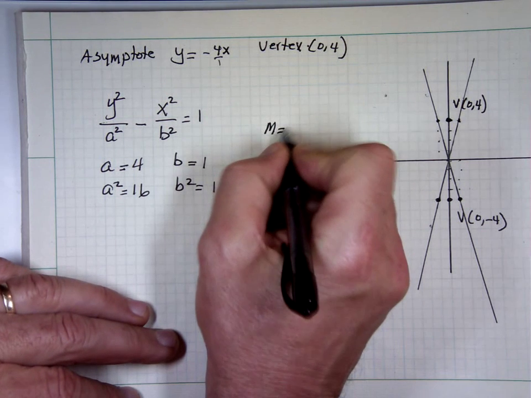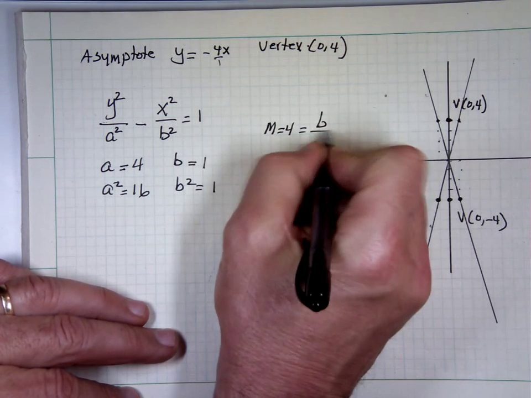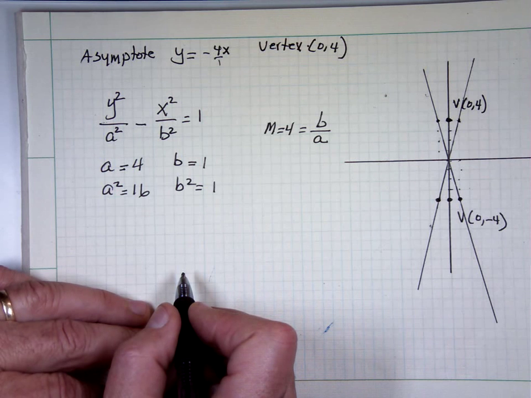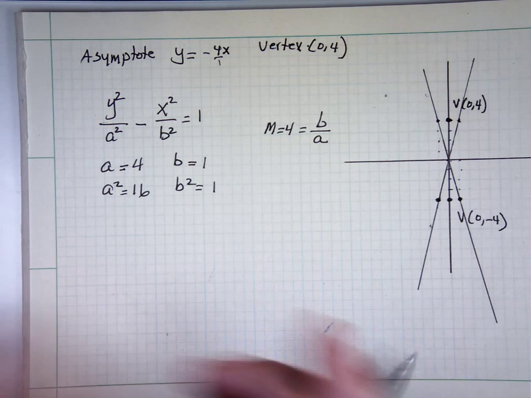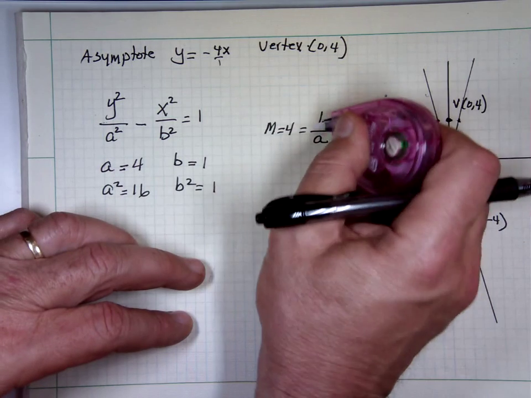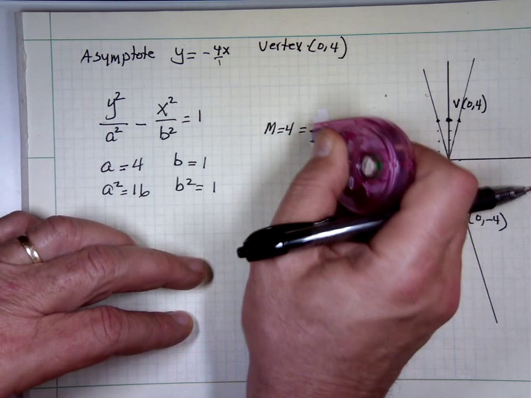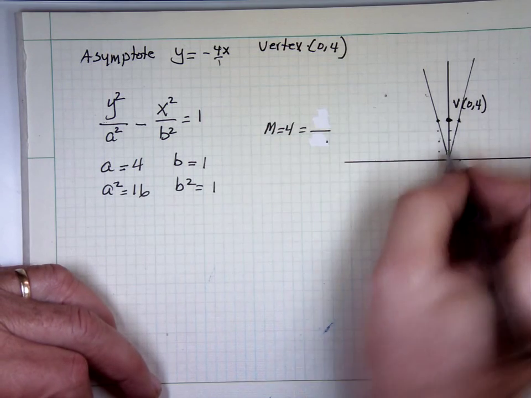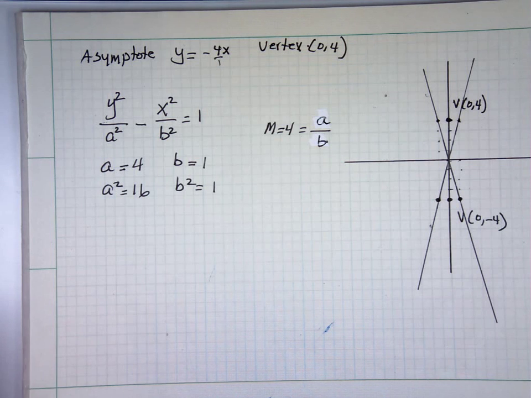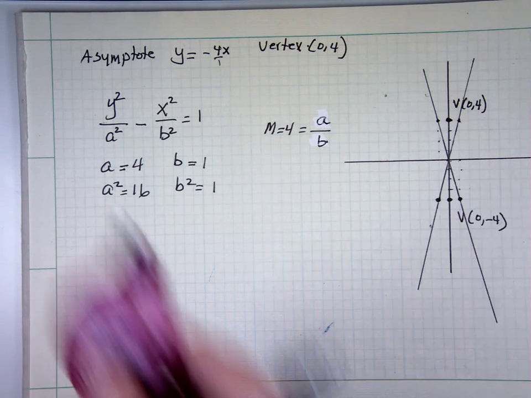We know it's B over A. Is it B over A? I mean, in this case, A over B for this example, right? The rise is what? The rise is A here, right? Because you're going up, this is A. So in this example, it's A over B. It's up and down. If it was left to right, it would be backward, B over A. We know what A is, 4.